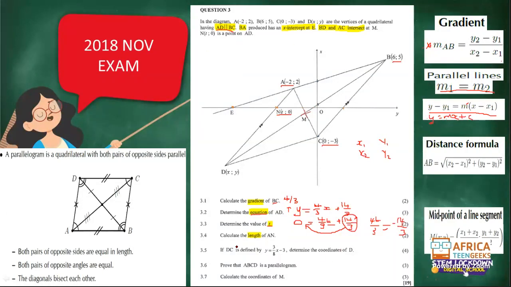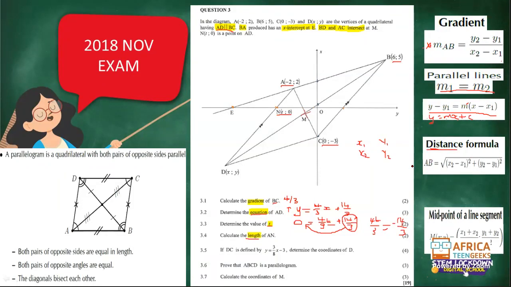Okay. And then to calculate the length of AN, it's just the distance.